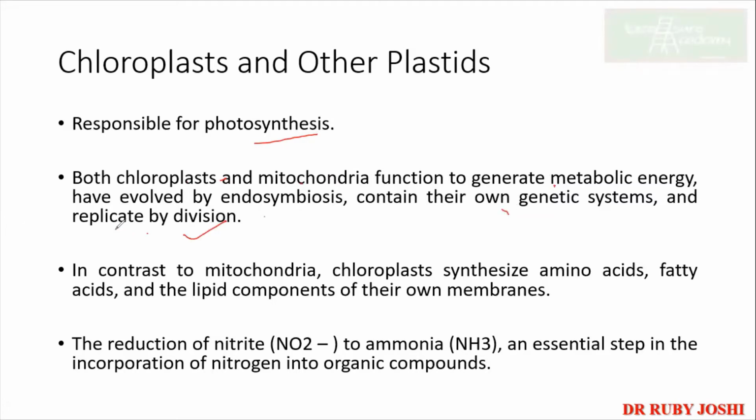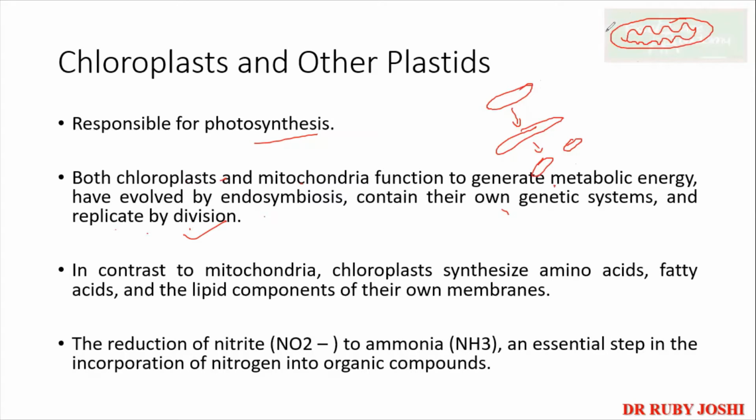When I say they replicate by division, what it means is, suppose this is how a bacterium divides: it keeps on growing, and finally it divides like this. In the same way here, suppose this is a mitochondrion. We have seen how the proteins and lipids are transported from the ER to the mitochondria.